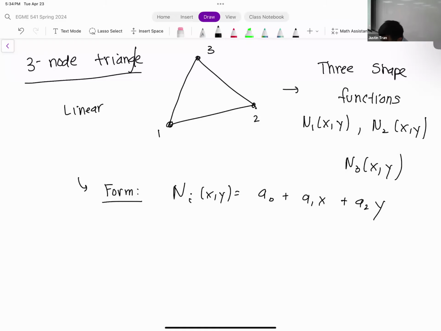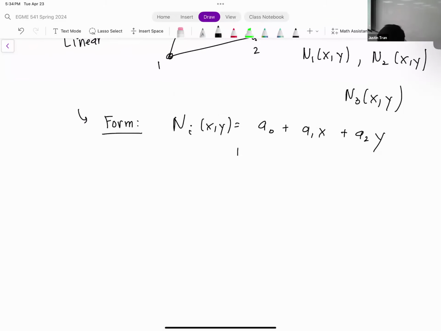I'm bringing this up again to remind you that when you take a derivative of a linear function like this, the derivative is nothing more than a constant.